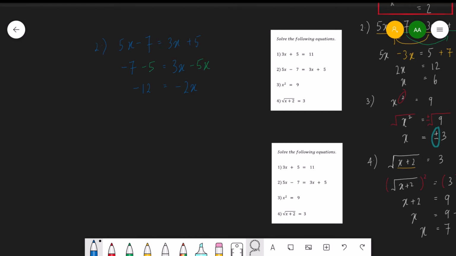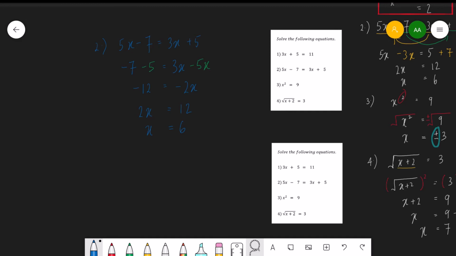What you can do is shift the terms to the other side of the equal sign, meaning we shift negative 2x to the left hand side, and negative 12 to the other side. So we get 2x equals 12. Why we do this is because we want the positive value of x. We always want the positive value of x, so we move them around, and we get x equals 6, same as the previous answer.